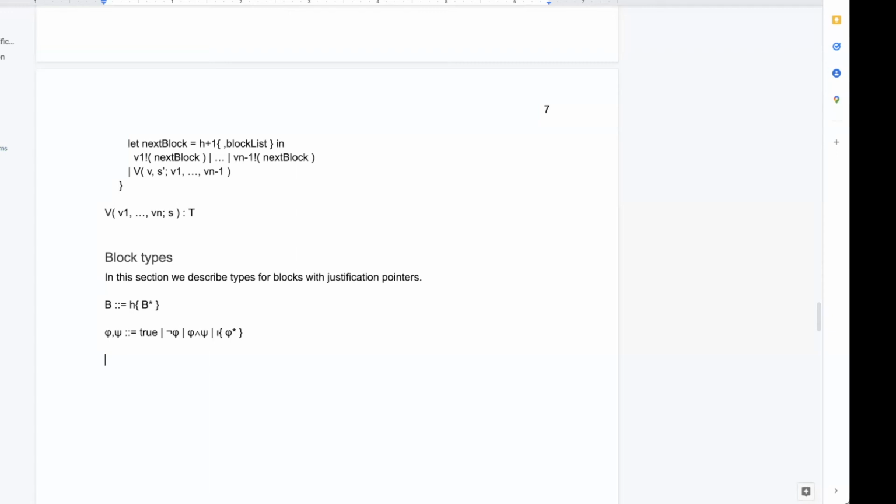Okay, so now we can formulate typed judgments. Okay, so now our judgments are going to be of the form.